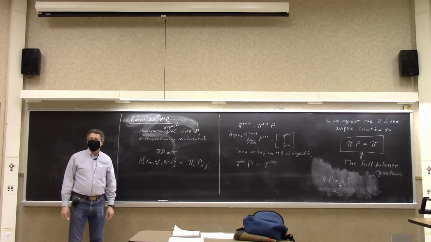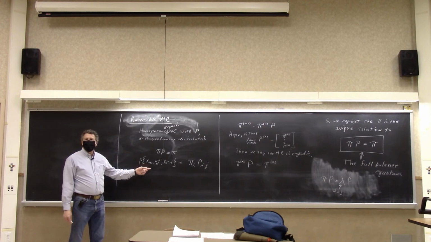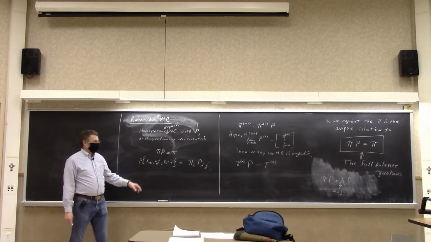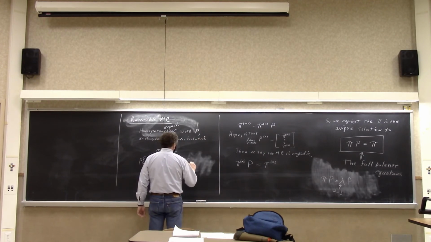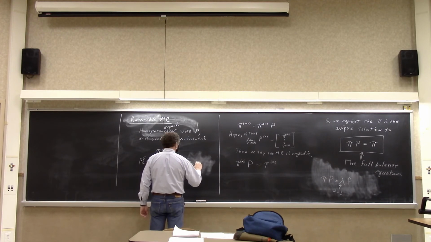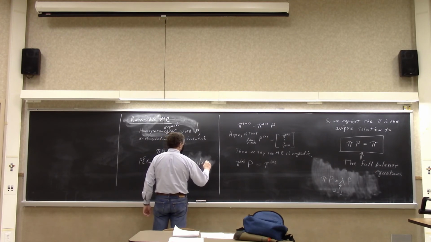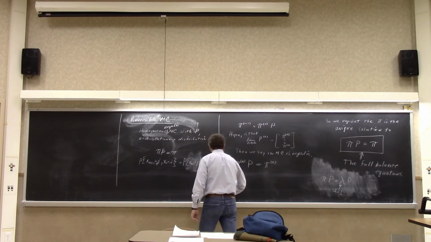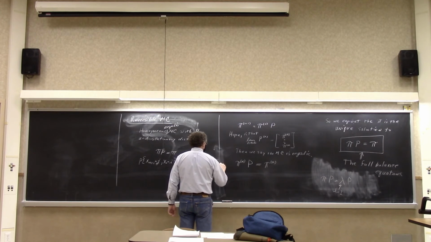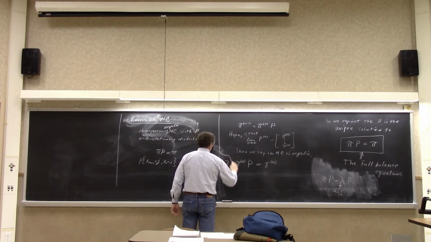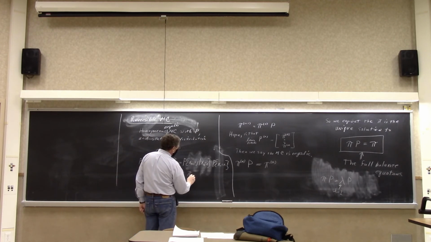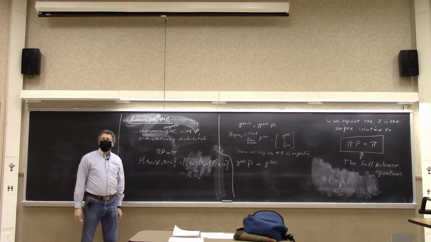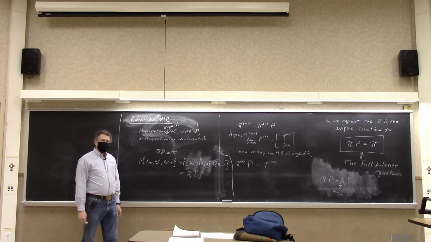Do you believe that? Maybe I'll write out the reason. It's the probability that X_{n+1} equals j, given X_n equals i, times the probability that X_n equals i. Using our notation, that's just pi_i times P_ij. Do you believe that?